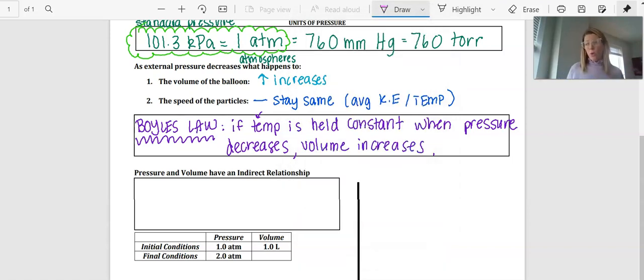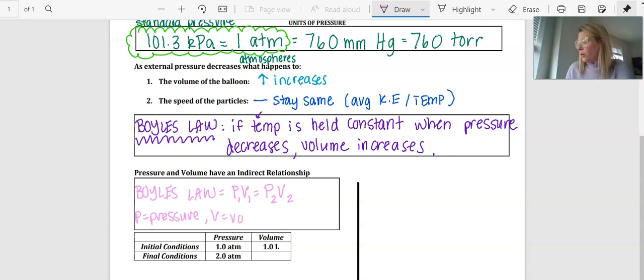And so our equation for Boyle's Law, okay, is P1V1 equals P2V2. So P represents pressure, and V represents volume. Okay, so the pressure and the volume multiplied should be a constant, right? So P1 times V1 is equal to P2 V2.